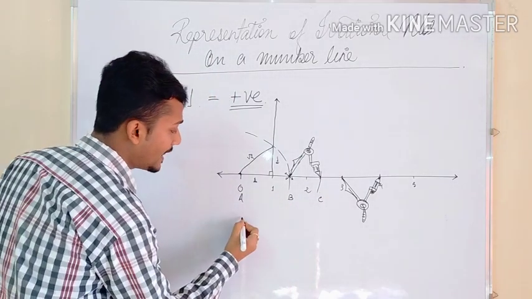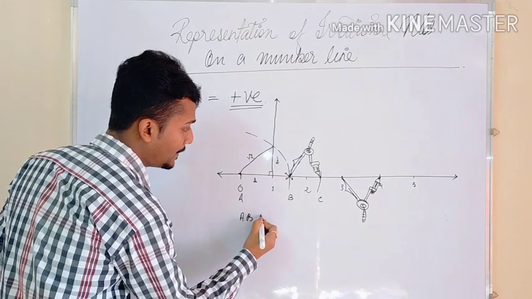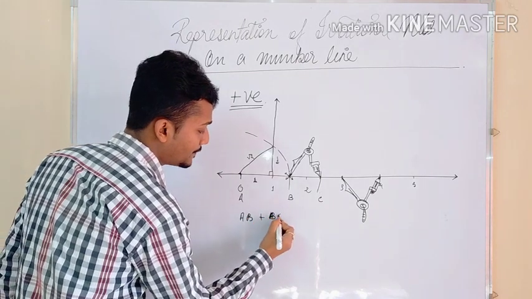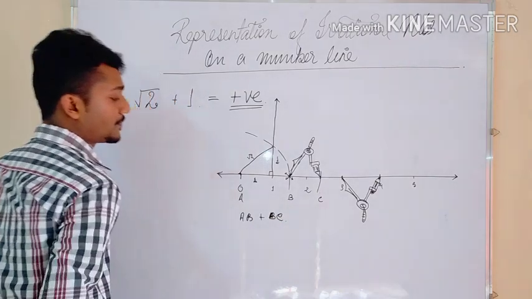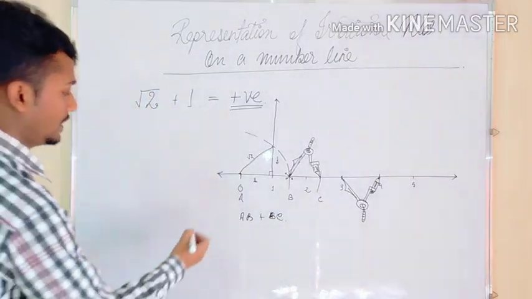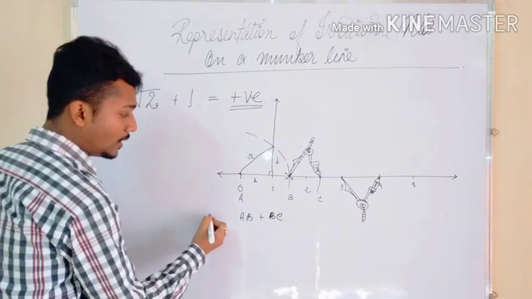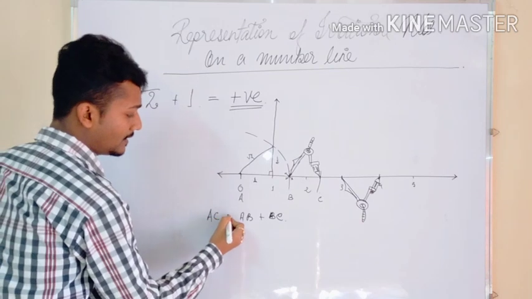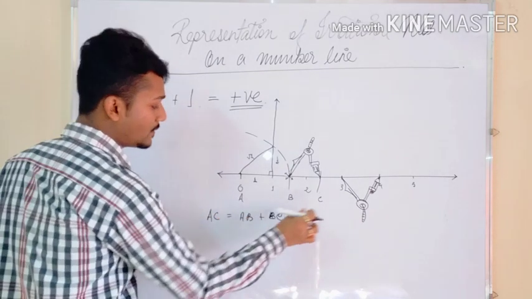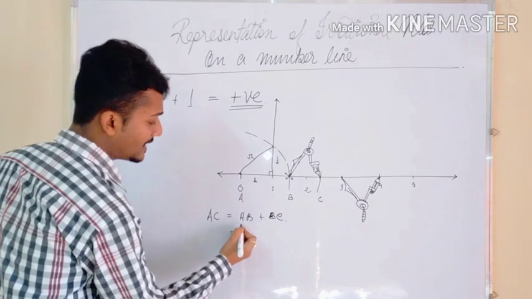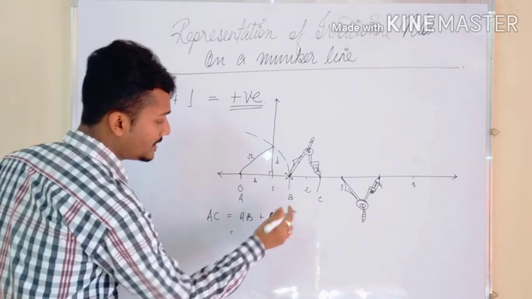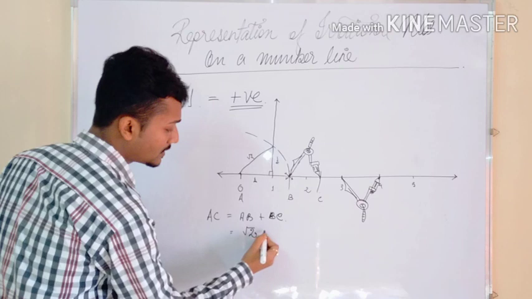So here I can write AB plus BC is equal to AC. That means AC is equal to AB plus BC. AB is equal to root 2, we have got, yes or no?